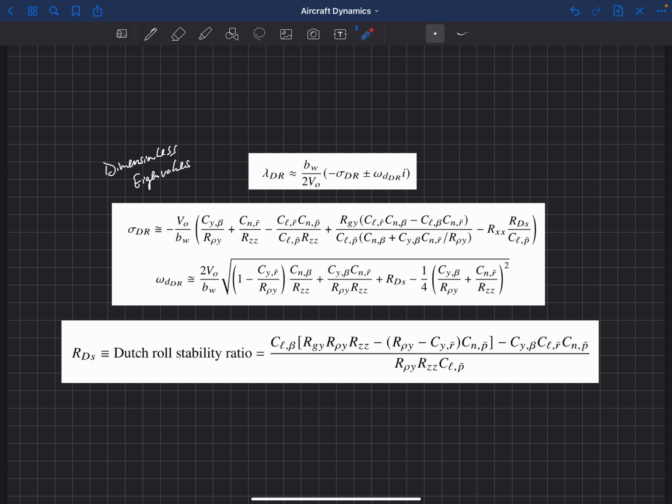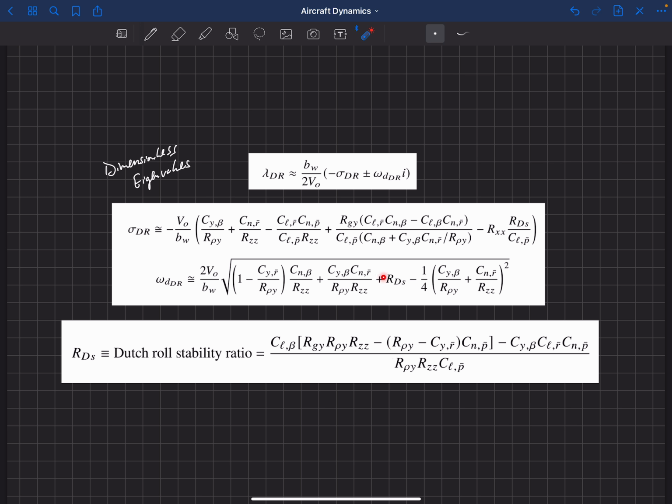And again, this is an approximation, and the damped natural frequency approximation. And you can see that it depends on a bunch of our coefficients that include side slip, roll, and yaw, so we've got roll, yaw, and side slip dependency all throughout here. He also introduces this Dutch roll stability ratio. Anyway, it's also kind of a complicated ratio, but it shows up a couple different places here.